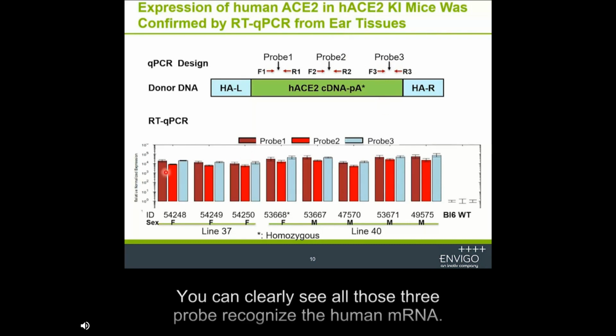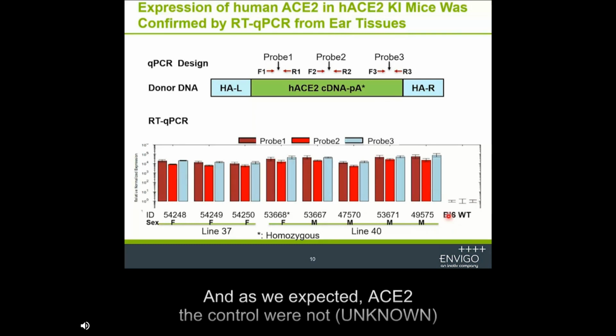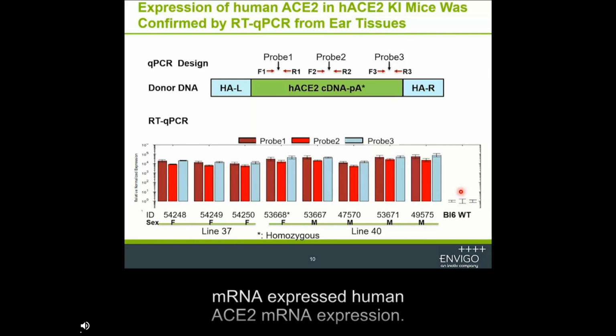You can clearly see all those 3 probes can recognize human ACE2 mRNA. As expected, the control will not show any human ACE2 mRNA expression.